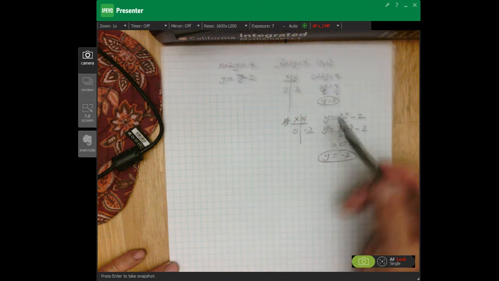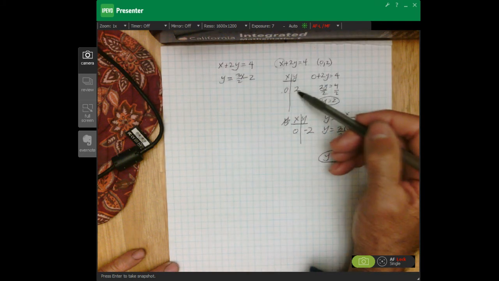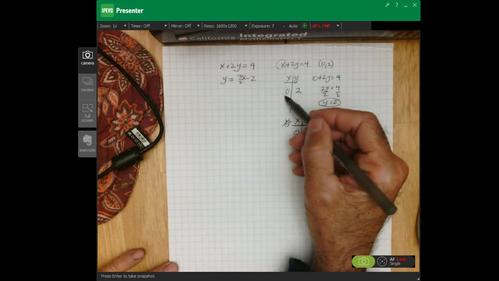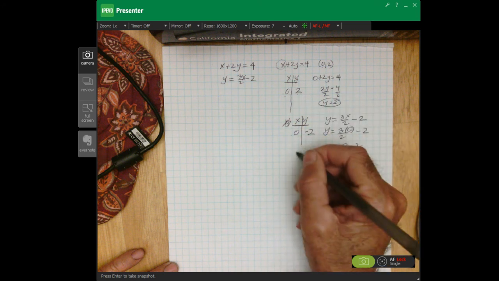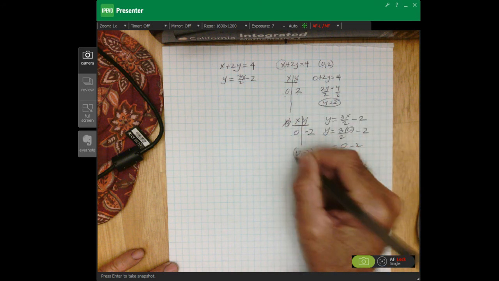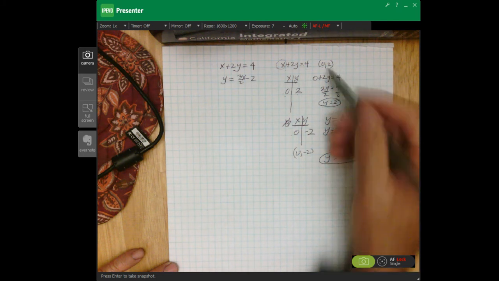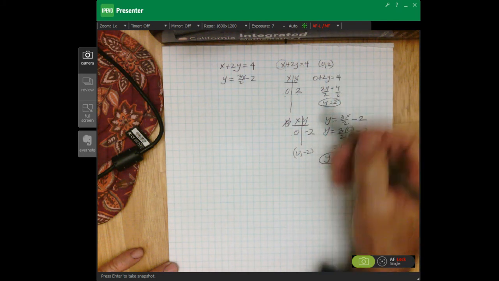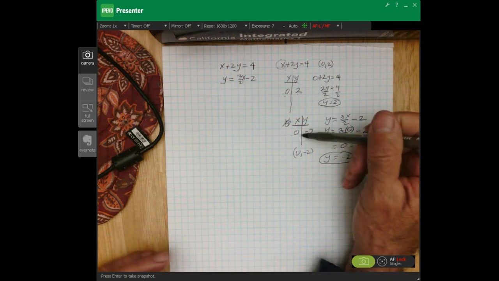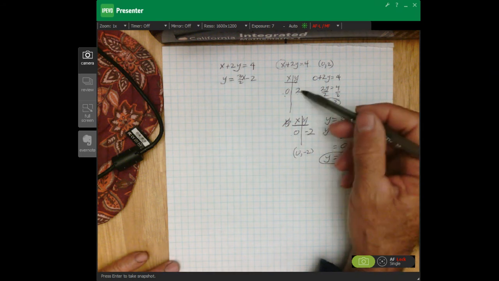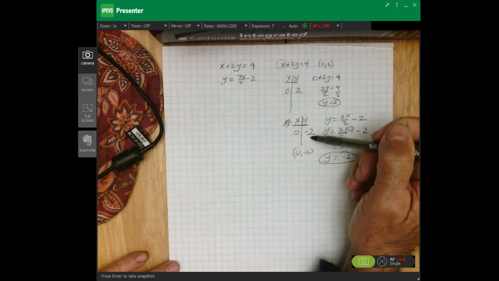Here it's (0, 2), and here we have (0, -2). They look almost the same, but one's positive, one's negative. They're completely different numbers. So we didn't get the same exact numbers for both x and y.